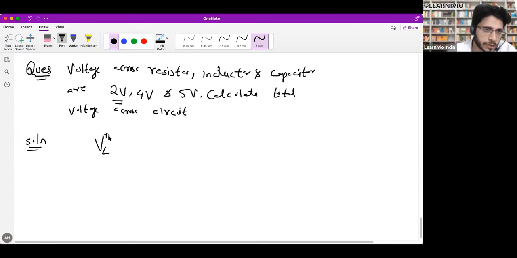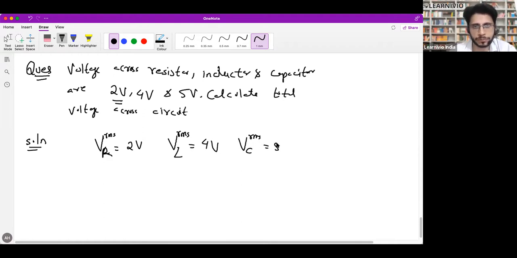RMS. If it is not mentioned, that means always RMS. Across the resistor, then across the inductor, VL RMS is 4 volt. Then VC RMS is 5 volt. So a very common mistake is when I ask you to calculate the total voltage, you say the total voltage is the sum of all voltages.